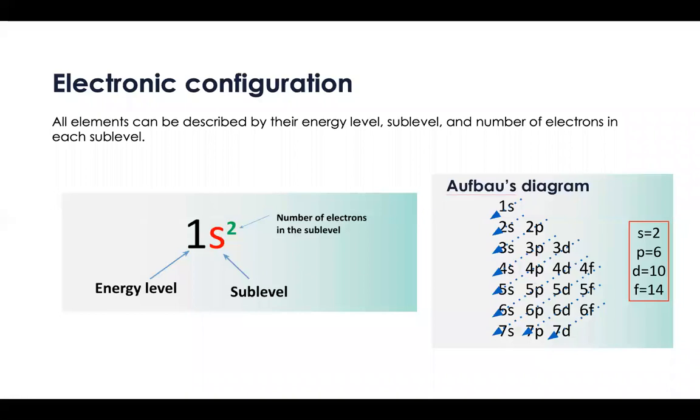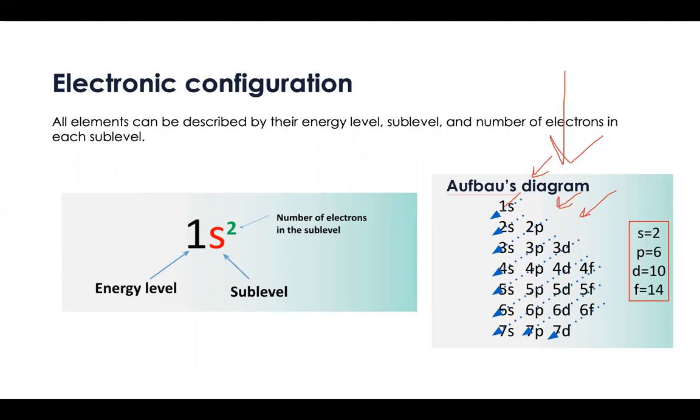This diagram shows us the order in which we have to fill the energy levels, sublevels, and electrons in each one of the sublevels of energy. The way to read it is in diagonal, starting from the top, and then we move along each one of the diagonal lines in order to form the electron configuration.